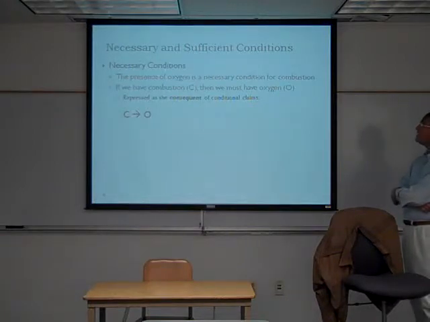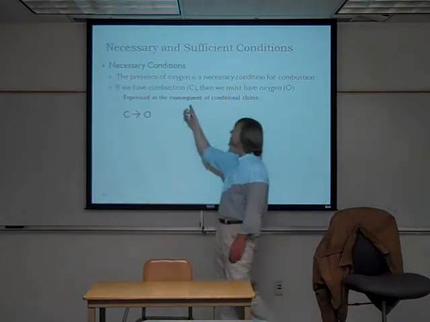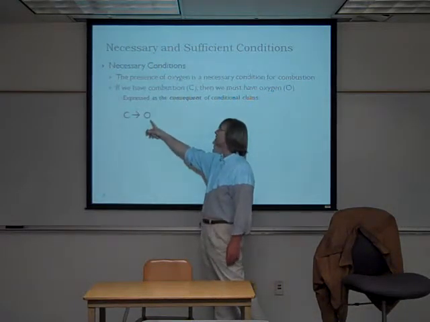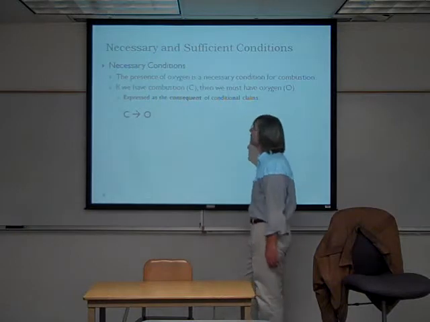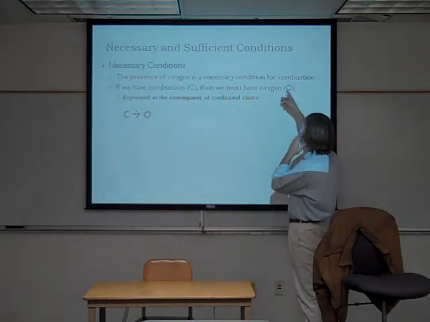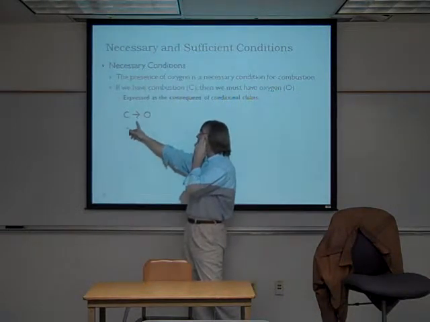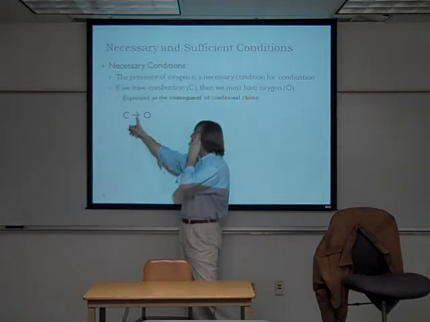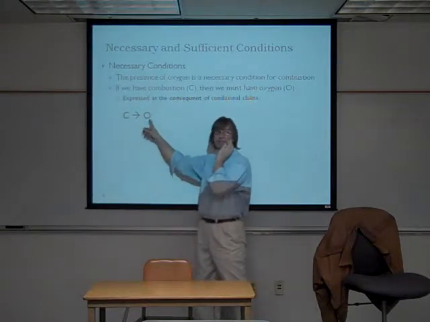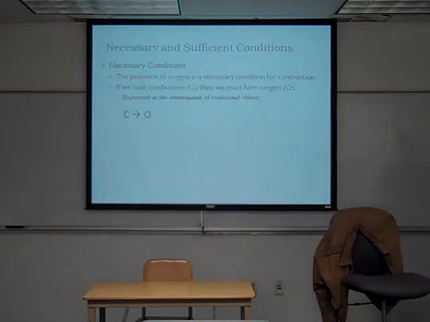Well, necessary conditions are expressed as the consequent of conditional claims, the last part of a conditional claim. So when we say that the presence of oxygen is a necessary condition for combustion, the way we symbolize this is as follows. If we have combustion, then we must have oxygen.